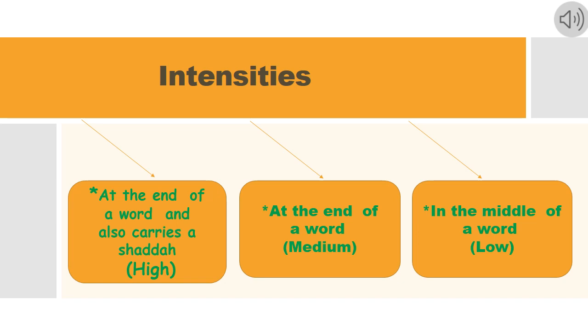And the third level: if the echo letter is at the end of a word and obviously you are stopping or pausing on that word, and it happens that the echo letter also carries الشدة. But remember, we are stopping, so it is going to be read as sakin, and the intensity of the echo must be high. It must be very pronounced, the highest level. Okay?